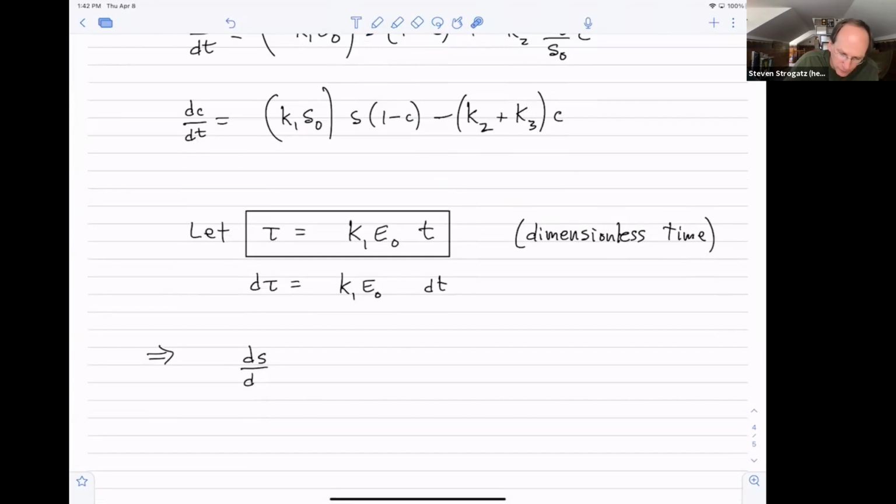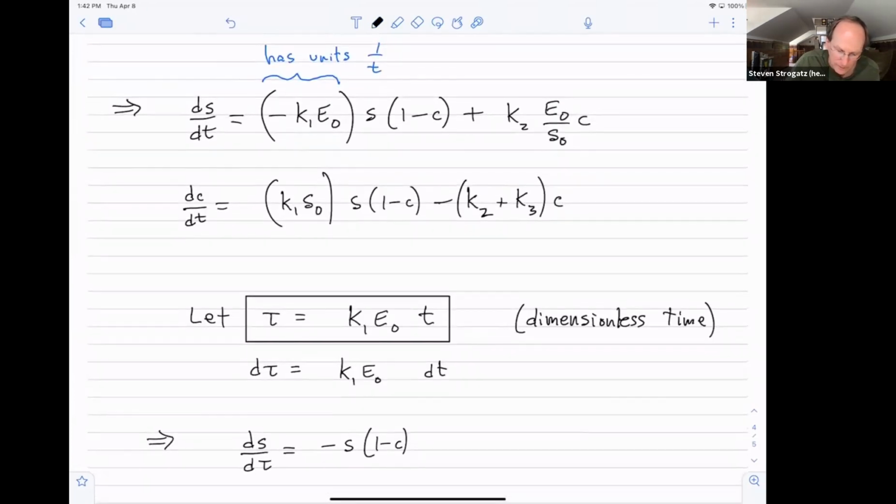Then you get ds over d tau. You get rid of that constant. So now you have minus s times 1 minus c. And then when we divide this expression by k1 E0, that'll cancel out this E0 with that one.